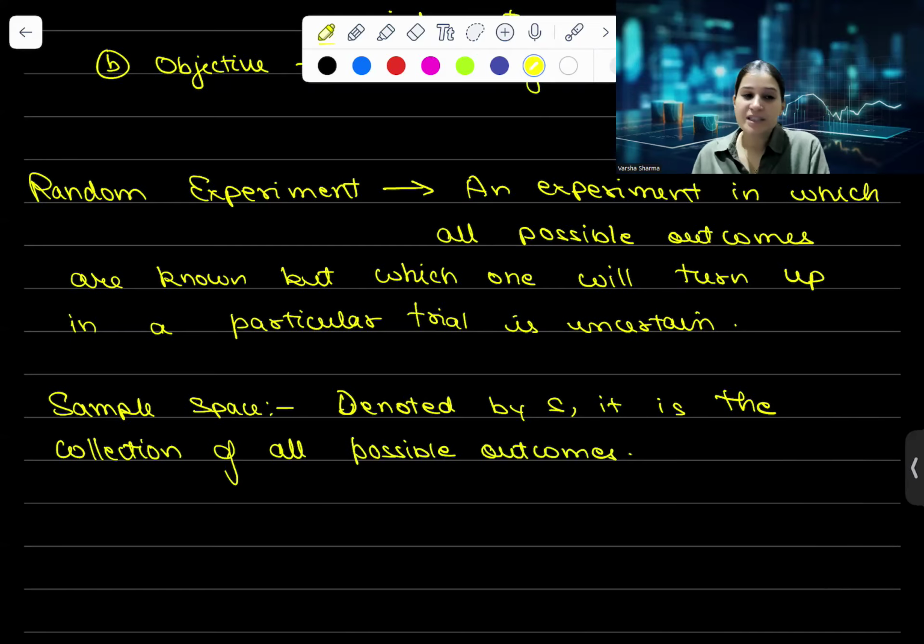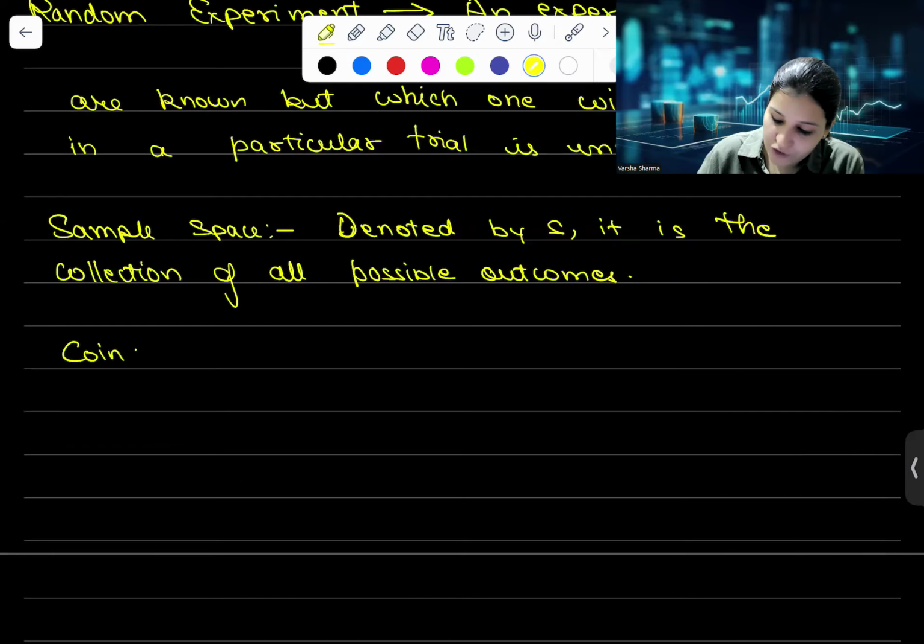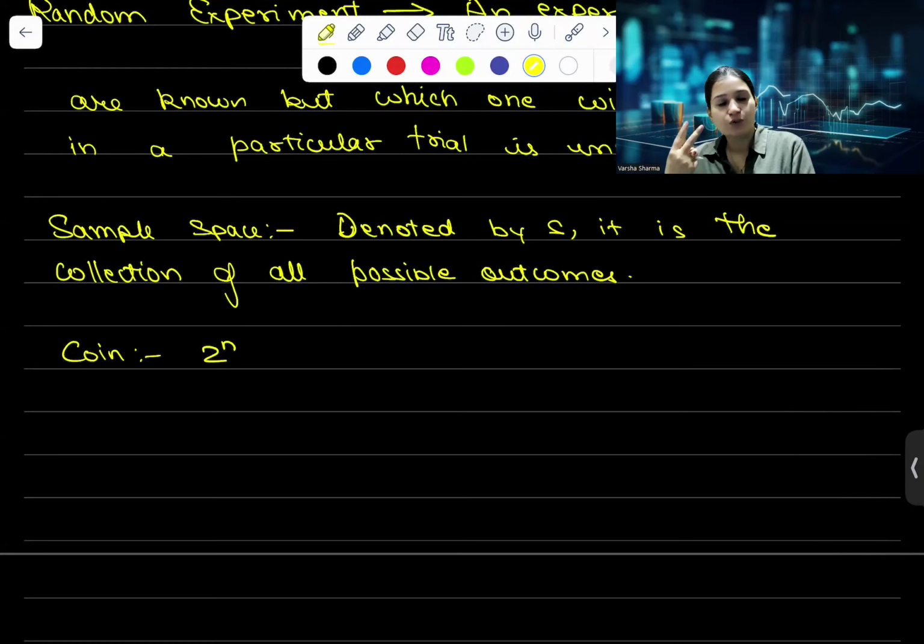Let us write the sample space for some instances. If it is coin, the formula is 2 to the power n. N is the number of coins or the number of times you're tossing the coin. So if I have only one coin, then 2 power 1, 2 outcomes. If I have 2 coins or I am tossing 1 coin twice, then 2 to the power 2, 4 outcomes.